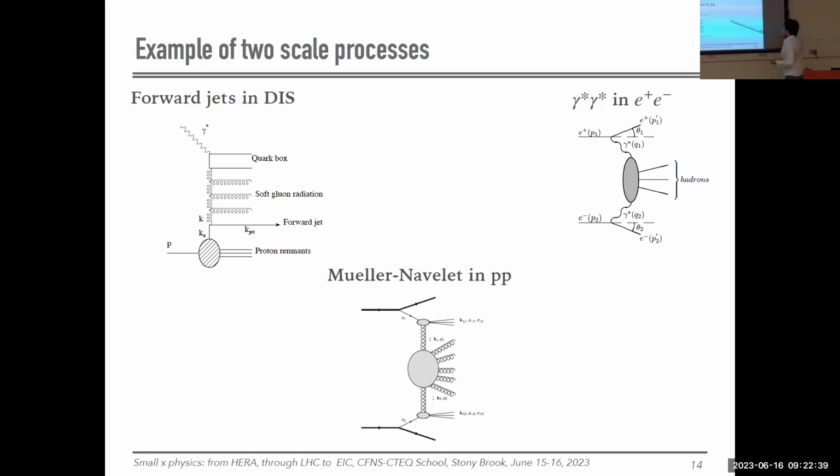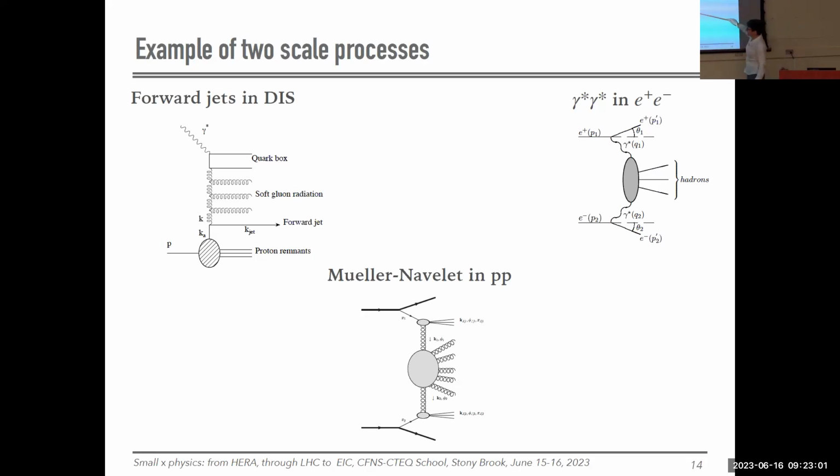Or you can go to e+e-, if you have enough energy, and look at so-called double tagged events where electrons are scattered at some angle. Here you have a photon, here you have a photon, and here you have a cascade of gluons. Again, a similar process.